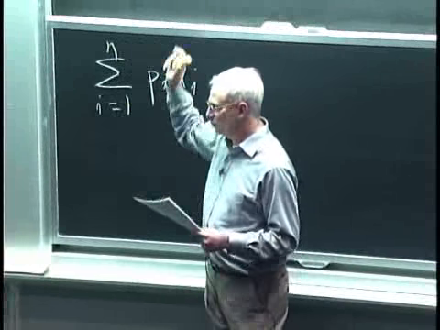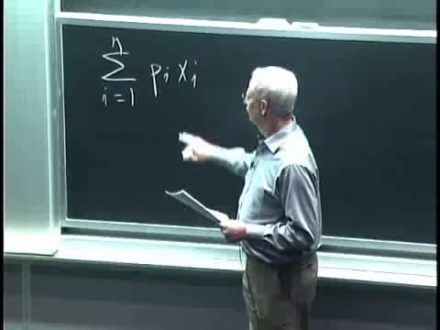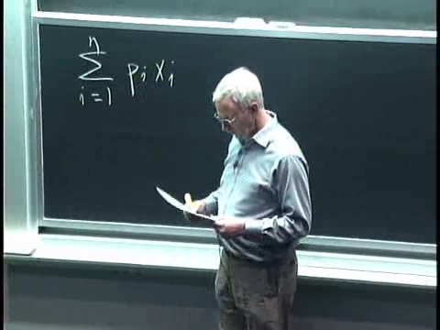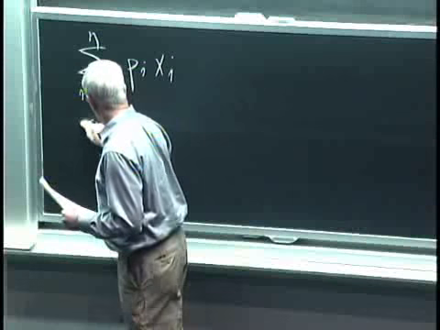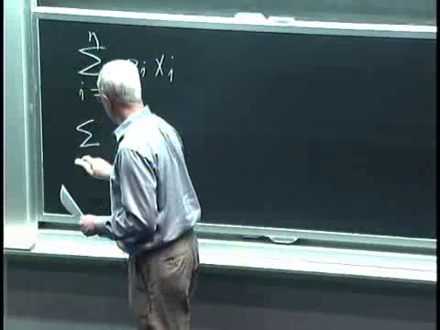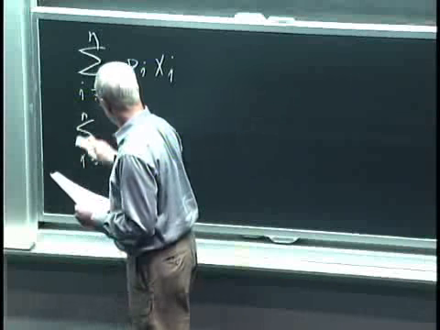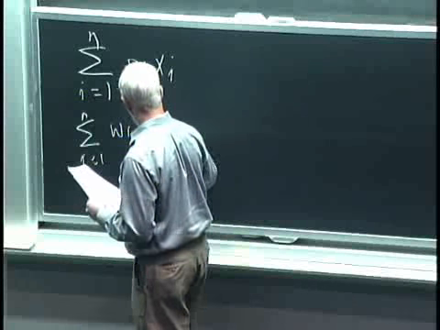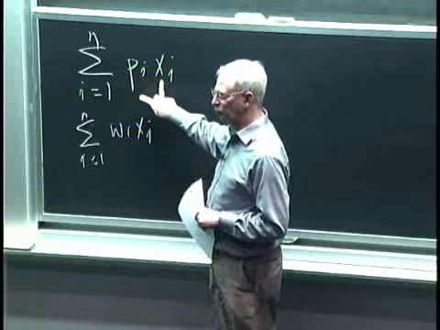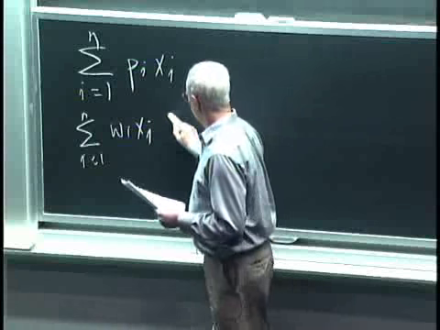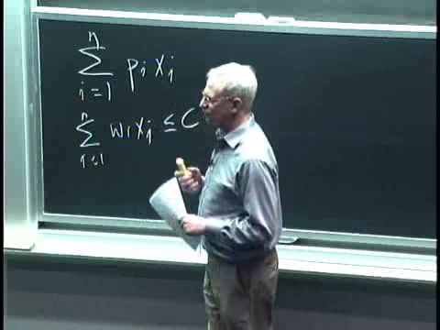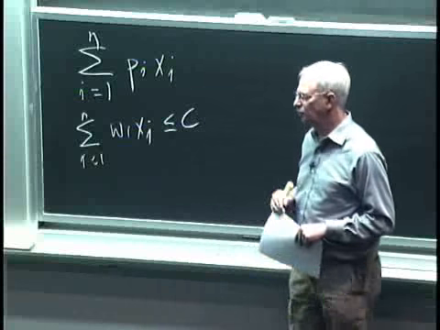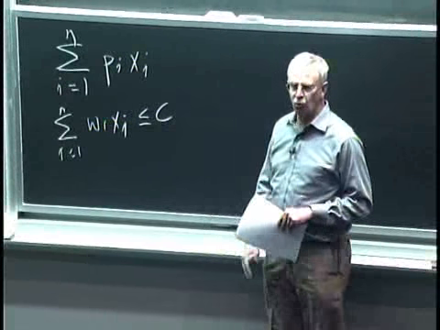Maybe it should be 0 to n minus 1, but we won't worry about that. And we had to do it subject to the constraint that the sum from 1 to n of the weight sub i times x sub i, remember x is 0 if it was not in, 1 if it was in, was less than or equal to the cost, I wrote it this time, which was the maximum allowable weight.